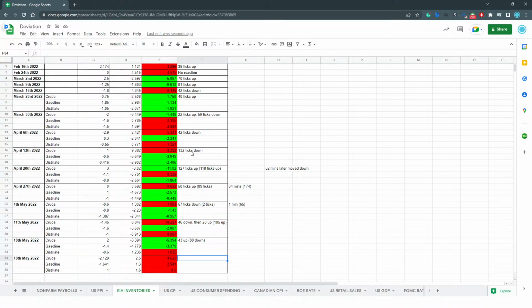Then we had seen a stronger movement in WTI crude oil, where we'd seen about 132 ticks towards the downside, or about $1.30 towards the downside. Okay, so again, if we're looking at today, the 5 million that we were expecting last week didn't.